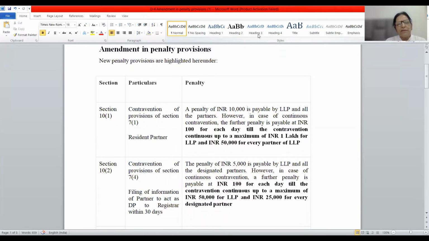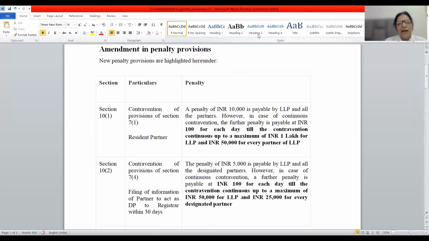So the very first provision, friends, is given under section 10, subsection 1. This is a penal provision, and it is regarding contravention of provisions of section 7, subsection 1. Now this section 7, subsection 1 is regarding resident partner. So what is the meaning of resident partner?